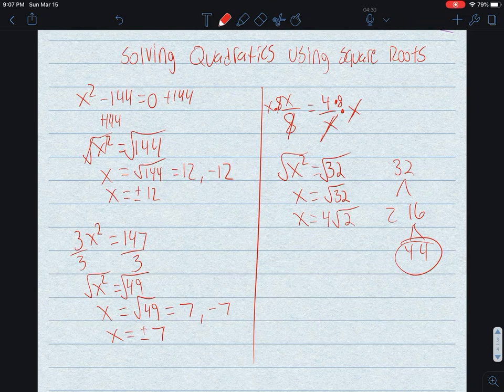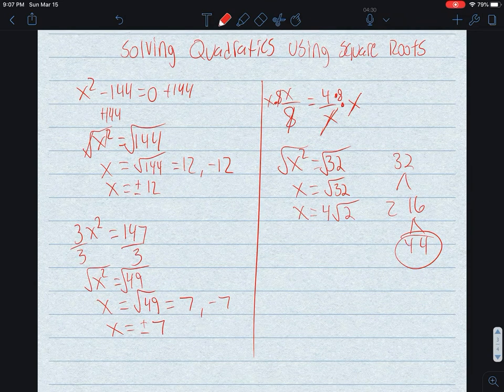You know what? There is a positive and a negative version of this. 4 square root 2 and negative 4 square root 2 could work. Those are both the answer.